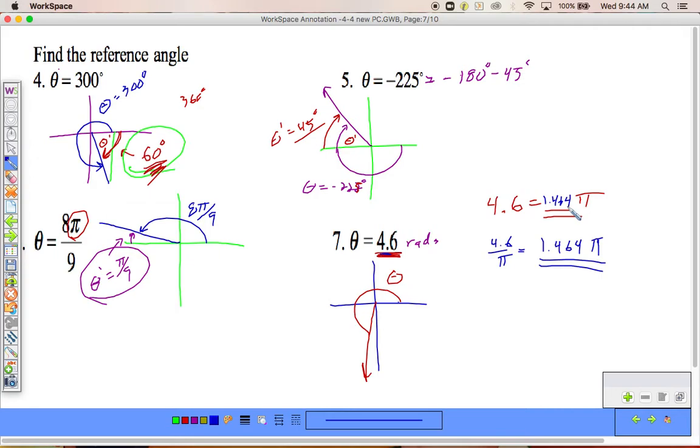All right, so now I'm going to rotate almost 1.5 pi's. That puts me down here in the third quadrant. This is my theta. So now, this angle here is my reference angle.